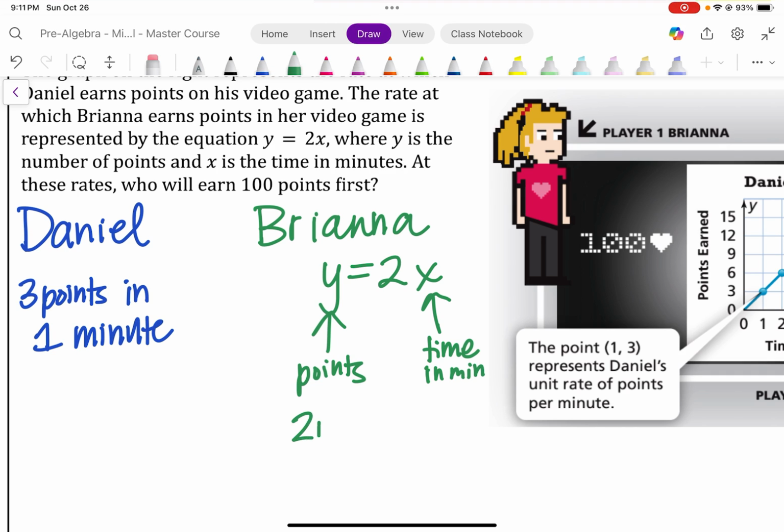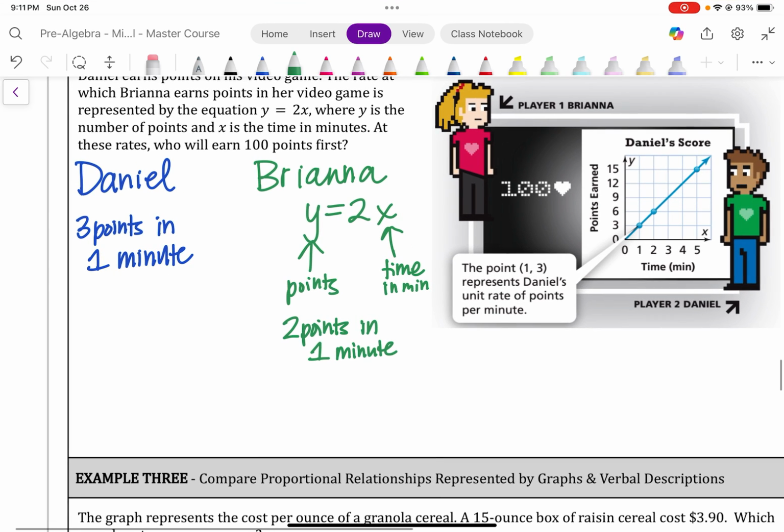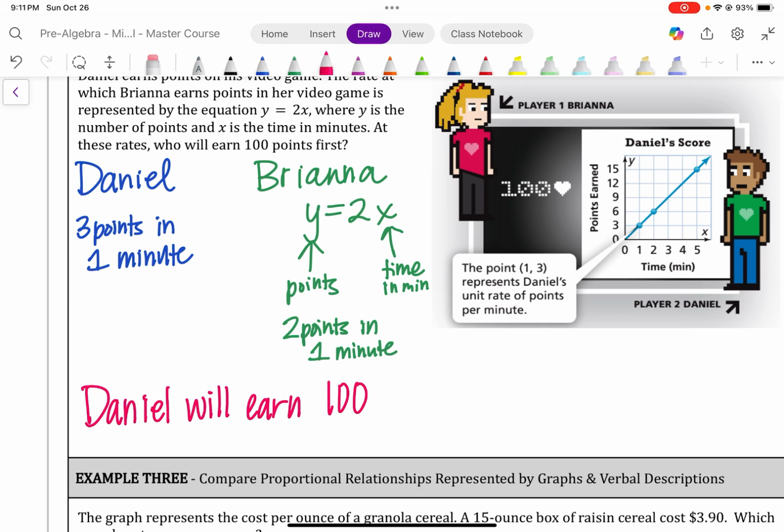Brianna earns 2 points in 1 minute. So who's going to get there first? Daniel, because he's earning more every minute. Daniel will earn 100 points quicker.